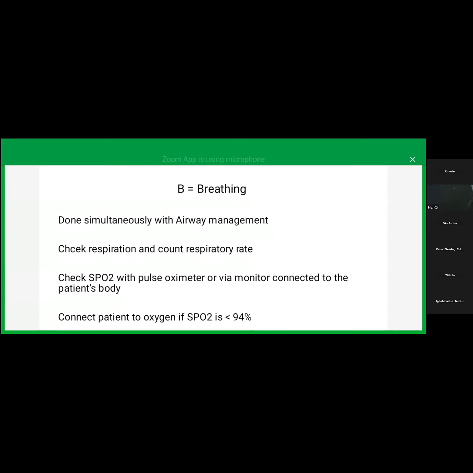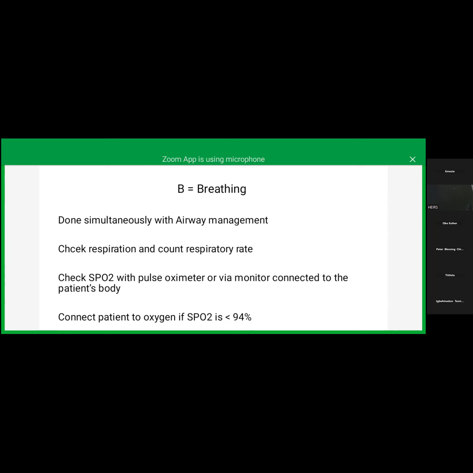So what do we need to do in breathing? We have to count the respiratory rate as fast as possible because we want to know what this person's respiratory rate is. Respiratory rate might be 30, might be 35. We need to know how severe this respiratory difficulty, noisy breathing is. Don't forget that some people must be gasping.